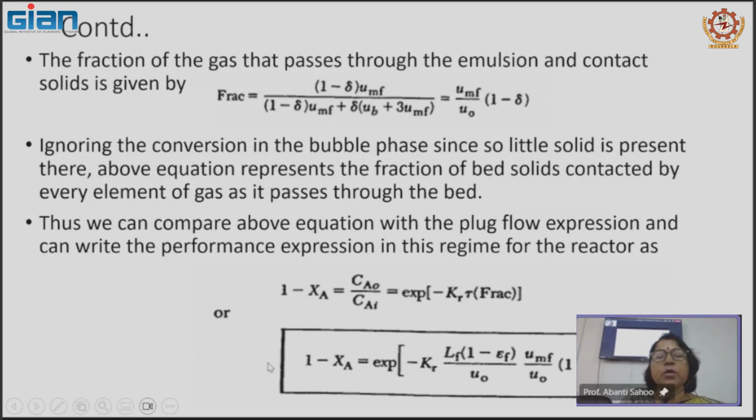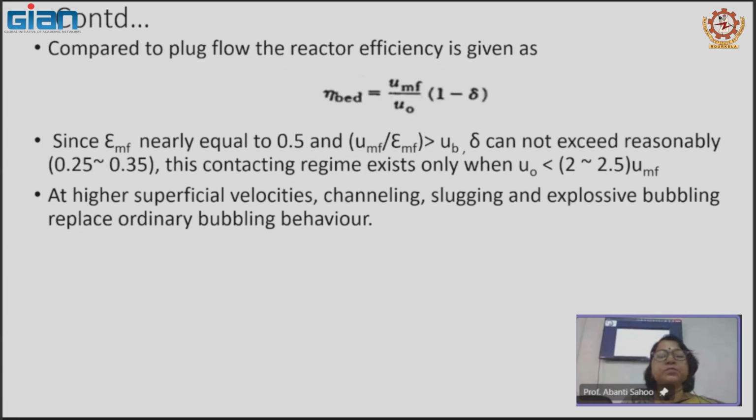So, here we can see that this is the delta, which should not exceed. If we are exceeding u0, then it will exceed these conditions, and what happens is that epsilon MF will also be exceeding that.